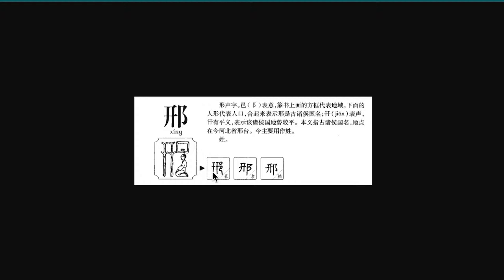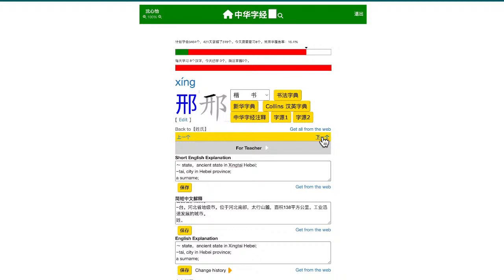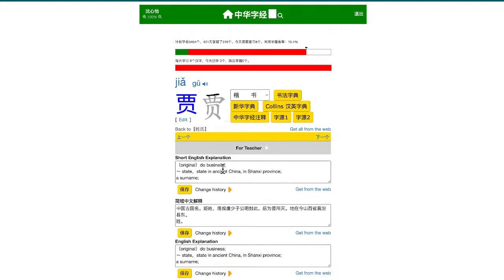Jian indicates the sound, the pronunciation. This jian has the meaning of flat, so this character is used to mean that the feudal state, the territory, is pretty flat. So this is Xing.